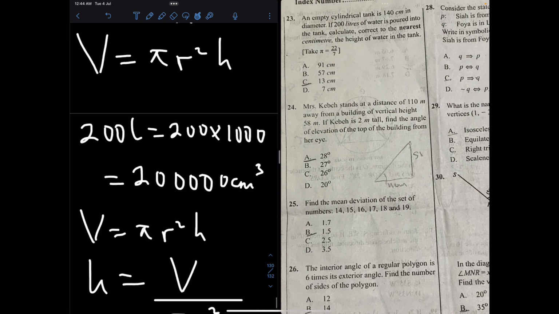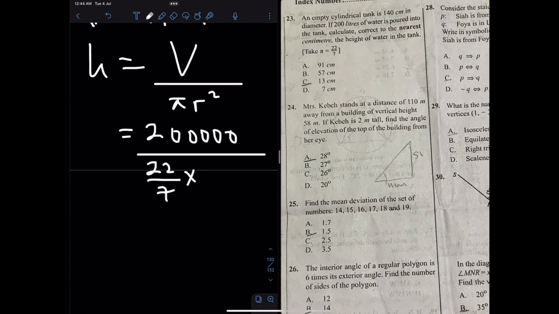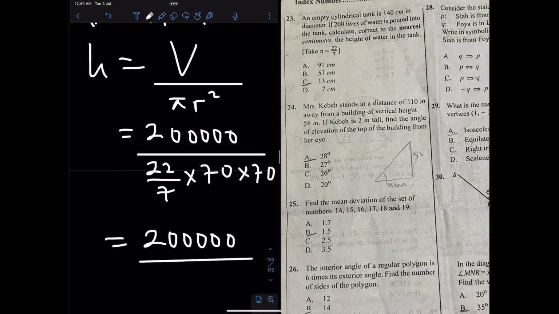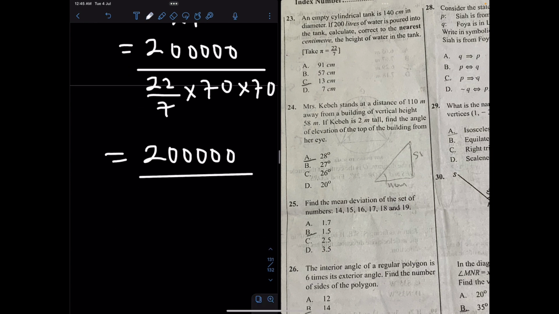So r squared means 70 times 70, and this is equal to 200,000 over 22/7 times 70 times 70. Here 7 goes into 70 ten times, and that simply means 200,000 over 22 times 70 times 10.